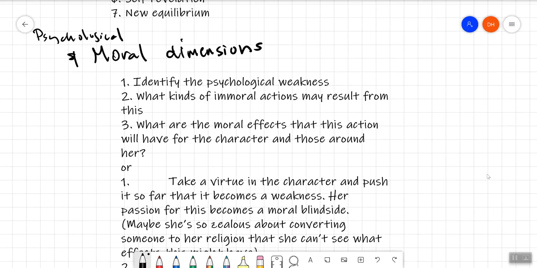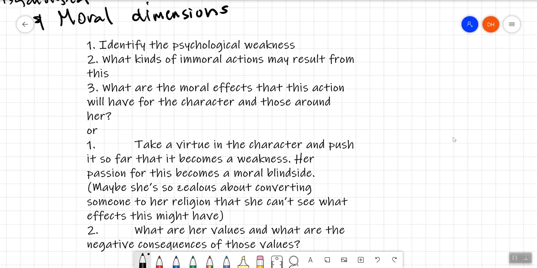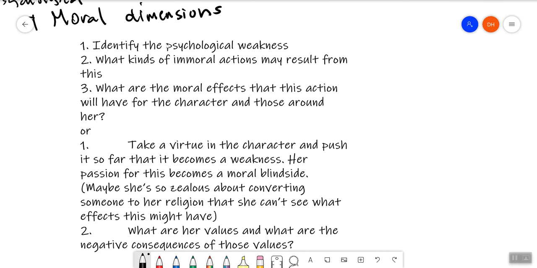When we're talking about psychological and moral dimensions, there are 2 basic ways that you can build this, when you're building your character, when you're working out your character sketch. Identify your character's psychological weakness, and then from that, think about what kinds of immoral actions may result from this.